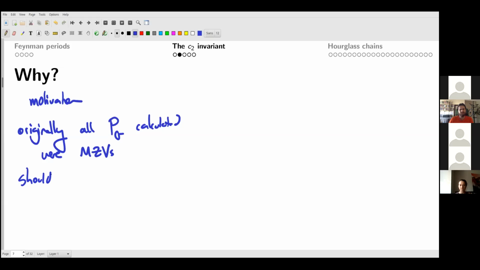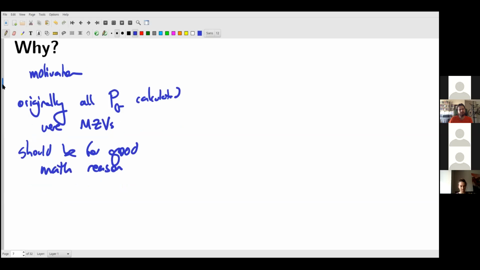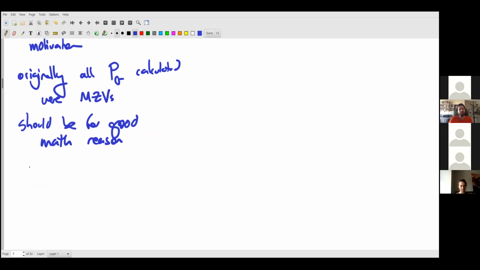So it should be for this good mathematical reason. Okay, but then that good mathematical reason would have consequences. And one of the consequences is it says, okay, the geometry of those varieties is super nice. It's this particular nice thing. And in that case, the point counts over the finite fields would also be super nice. And in particular, so this would imply that these guys are polynomials in p.